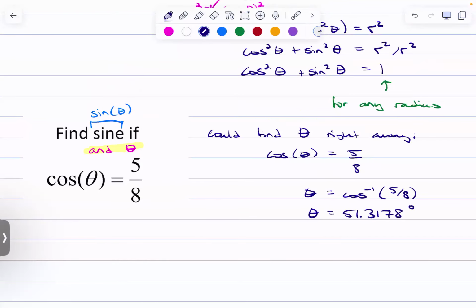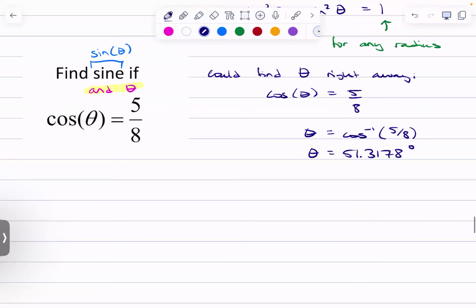I don't want to use that to find my sine because you want to try to not rely on answers that you have found to find next answers, if you can. Sometimes you have to build on answers that you found. But if you can avoid it, then it's always a good idea to use only the information that's been provided. And so how are we going to do that?